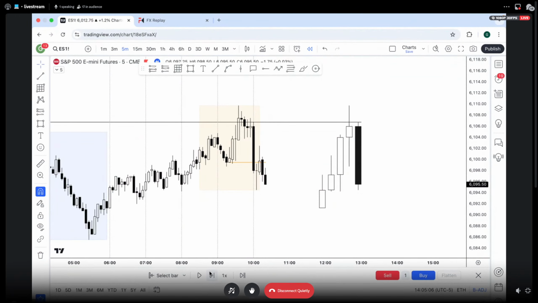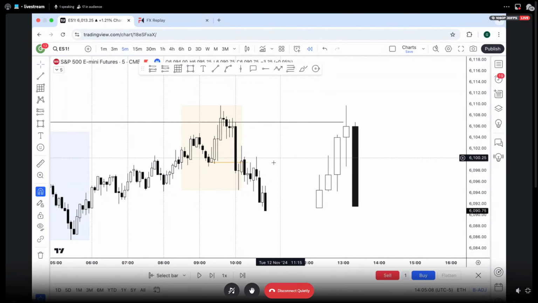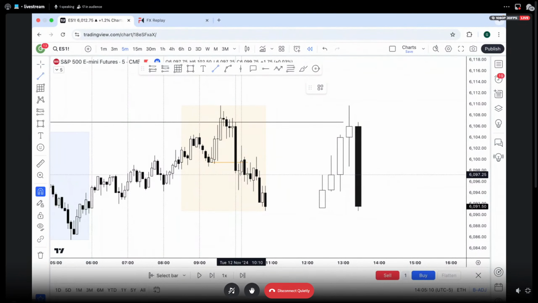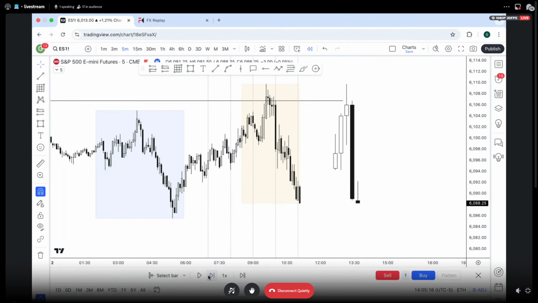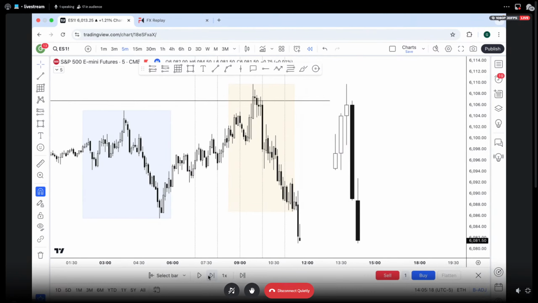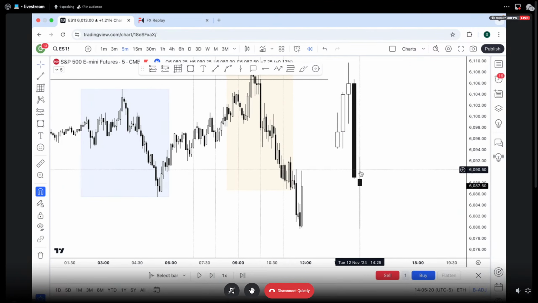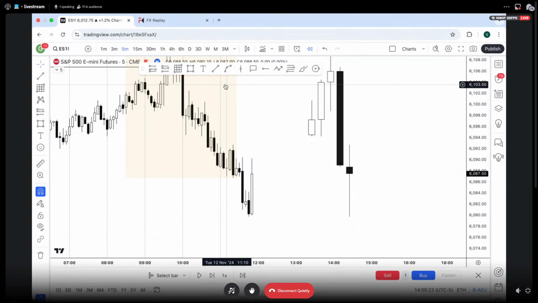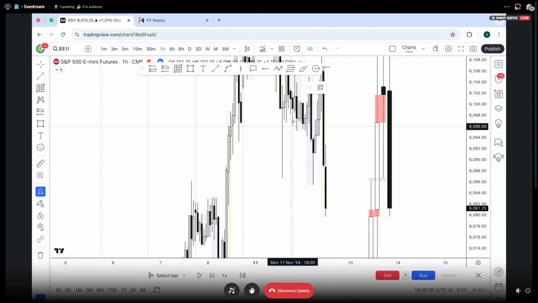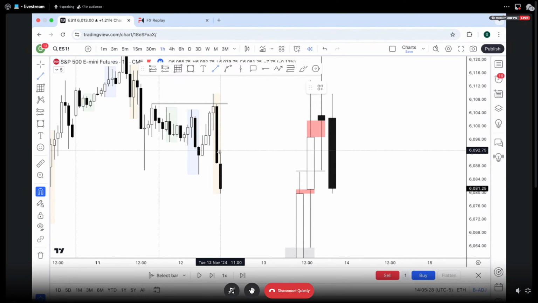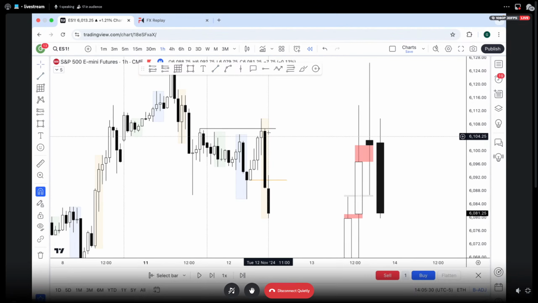Does that make sense in a way? And then again, we're forming opposing candles, right? But this is valid. I'm going to show you guys a valid entry here. This entry, I believe, is valid, because I go to the hourly time frame here. We have a swing point.